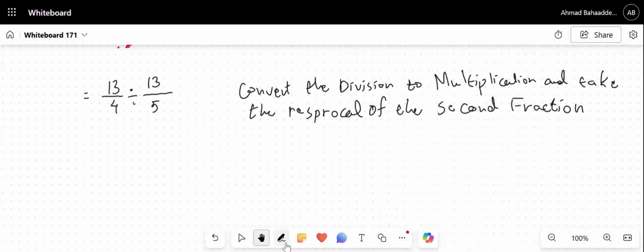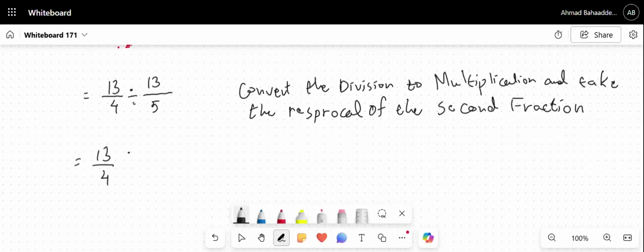We keep the first fraction as it is, so I have 13 over 4 as it is. We change the division, you see there, to multiplication and take the reciprocal. Reciprocal means flipping that, so that's going to be 5 over 13 here. Now we multiply top with top, bottom with bottom, as we said previously.